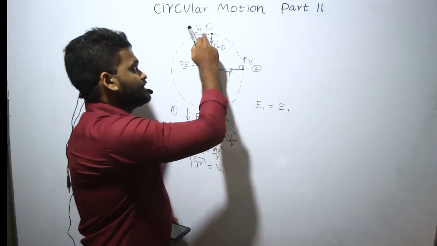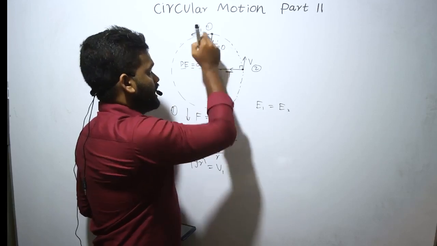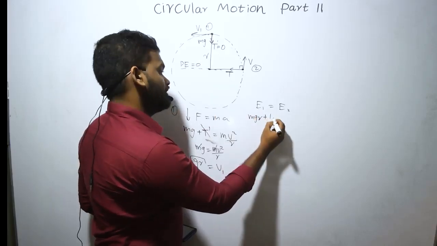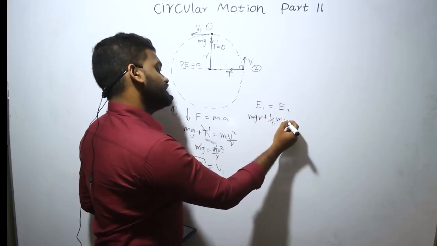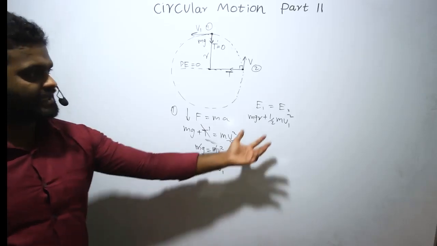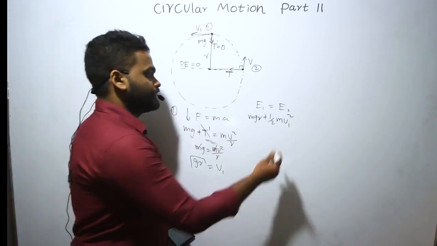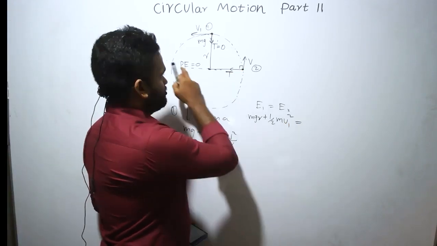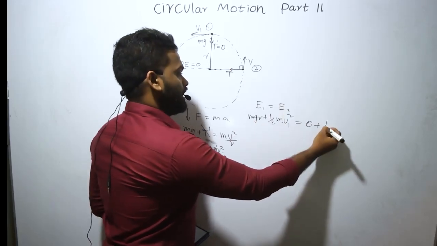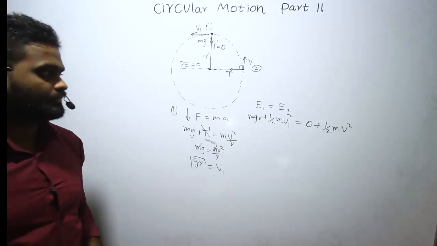Energy at 1: what is that? mgh, this is mgr, plus kinetic energy, half m v1 squared. So this is the energy at 1. Then at the second point, potential energy is 0, and kinetic energy is half m v squared.